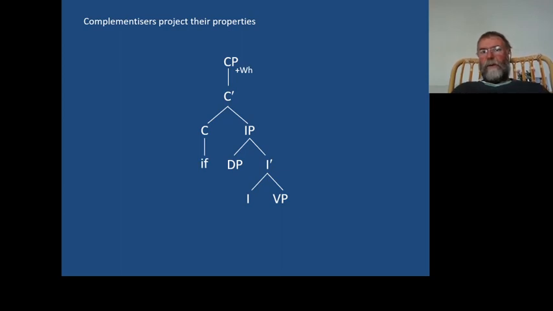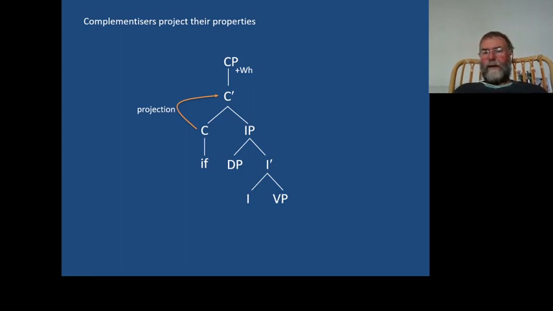Now, how does the clause get those features? Well, there's a straightforward device that we know about, and that is projection. That is, if we have an interrogative complementizer, it projects its properties up to the next level. So if the complementizer is plus WH, then the X bar level will be plus WH.